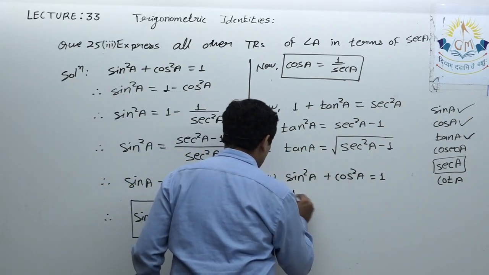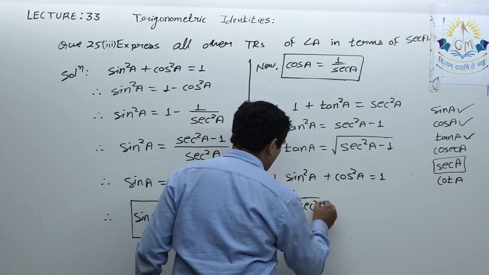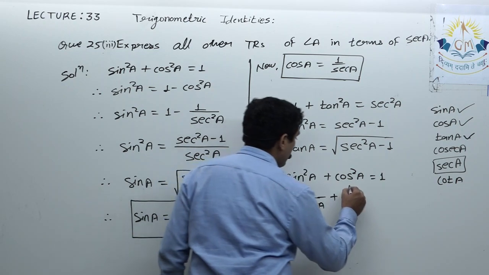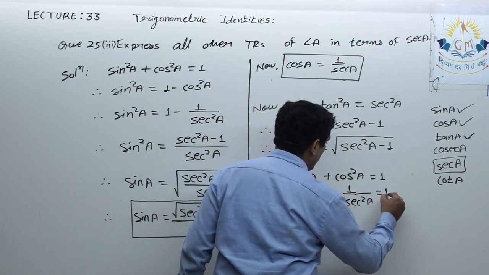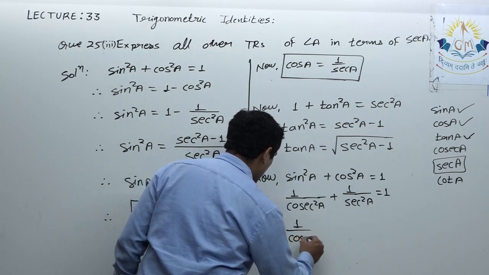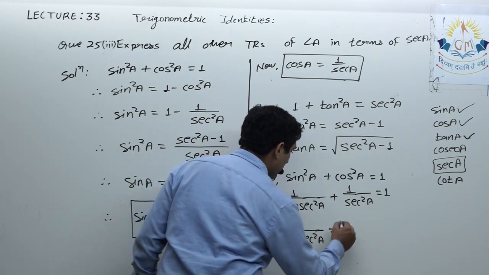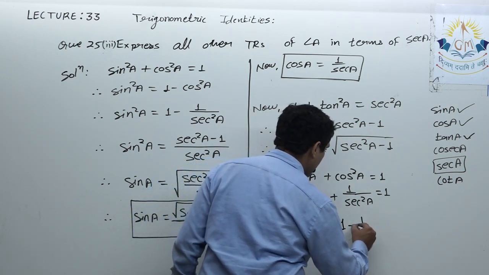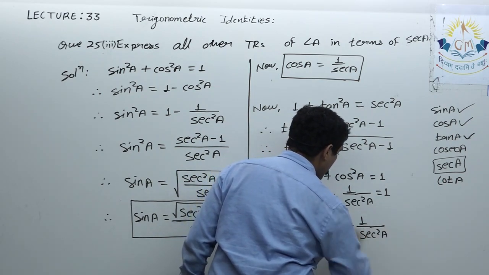So I can write 1 upon cosec square A plus 1 upon sec square A is equal to 1. Therefore 1 upon cosec square A is equal to 1 minus 1 upon sec square A.